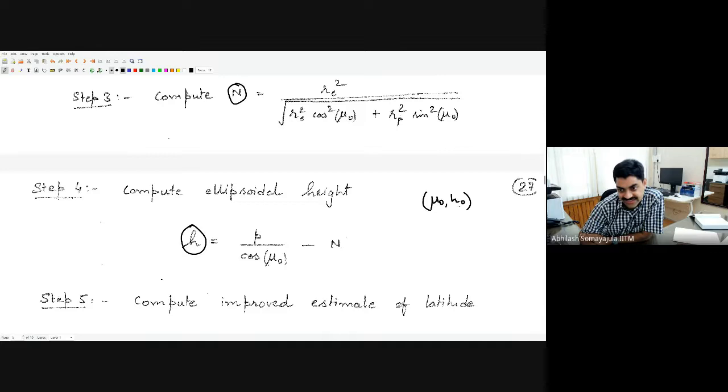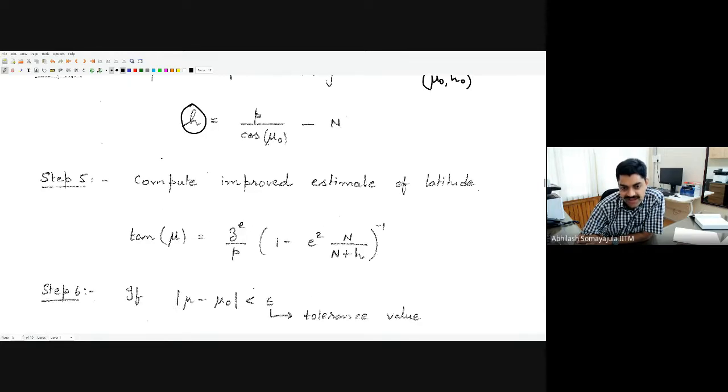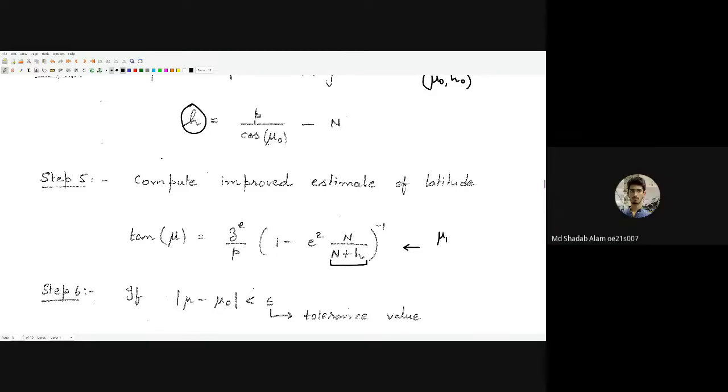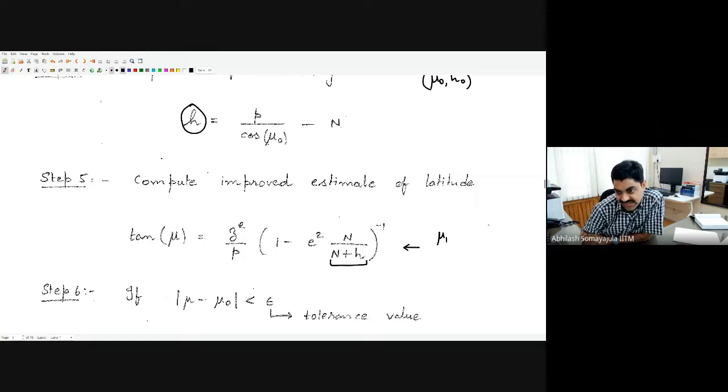Once I get h0, I can use that to compute a better value of the latitude, which will be my mu1, where I can precisely put these values in.